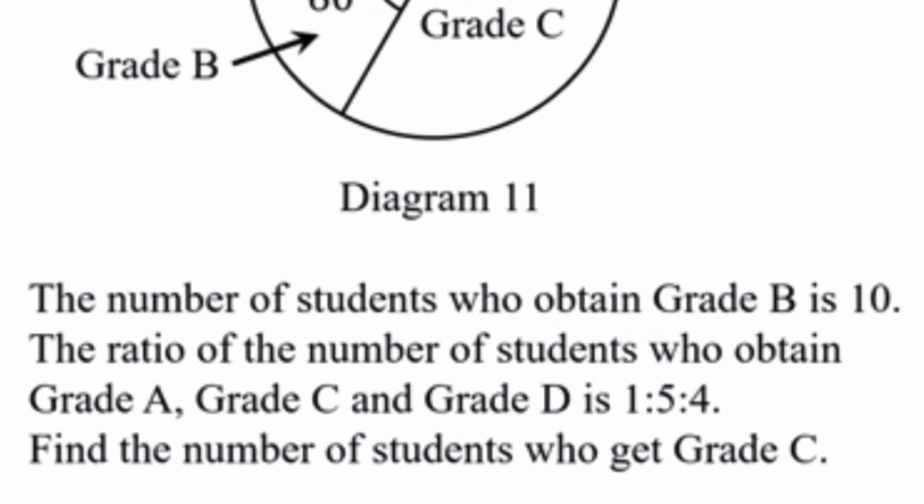So the ratio given is grade A, grade C and grade D is in the ratio 1, 5, 4. So based on the ratio, we will solve the pie chart. How to solve this question is we have to take one portion of the 60 degree over the total. The total angle for a circle is 360 degree.